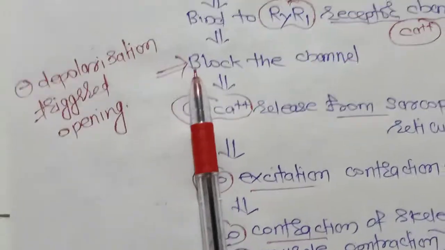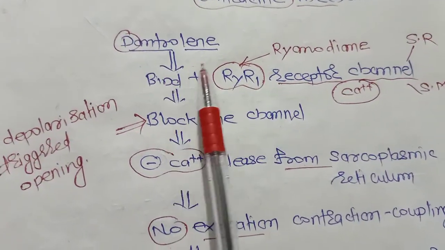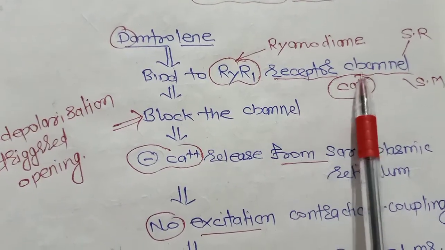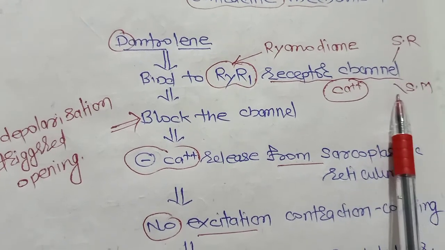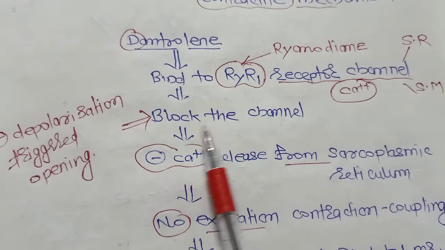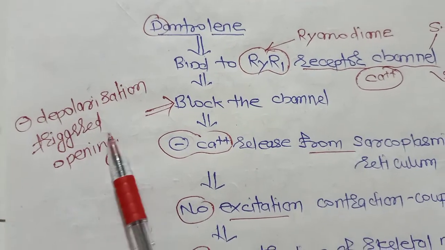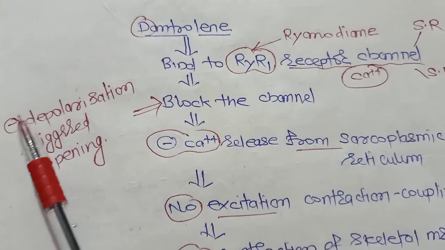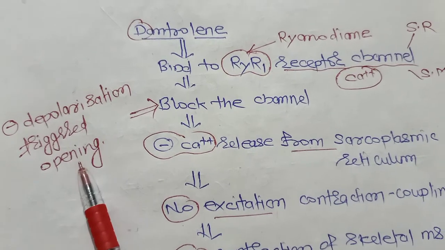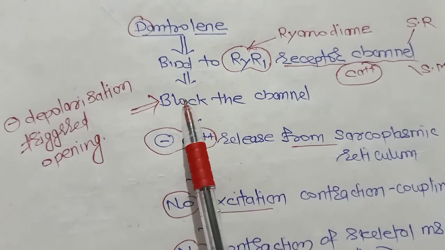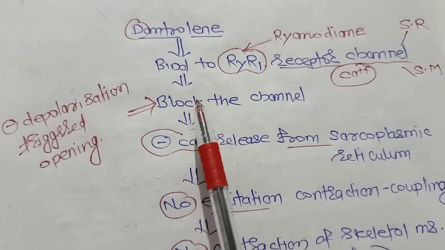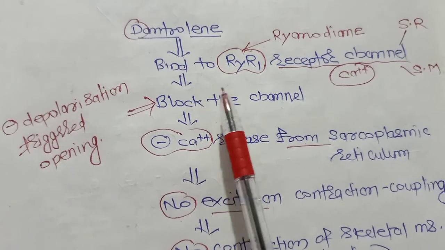Now, when dantrolene binds to the ryanodine receptor channel on the sarcoplasmic reticulum of the skeletal muscle, it will block the channel. That means it will inhibit the depolarization triggered opening of the sarcoplasmic reticulum ryanodine receptors.